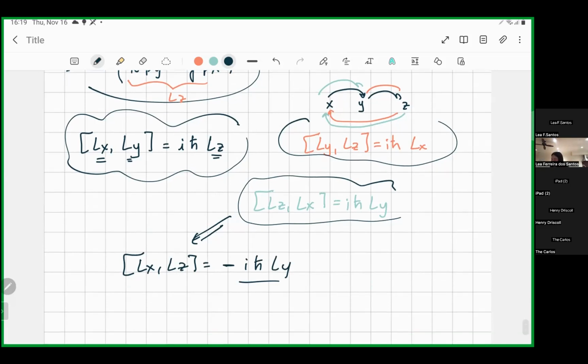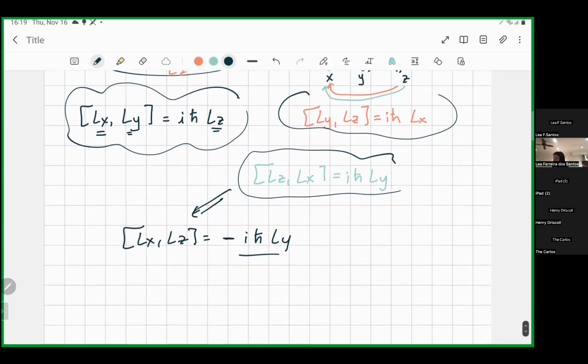All that to conclude, they do not commute. They are incompatible observables. And this has a very important consequence. We talked about this at the end of chapter 3. Whenever we have two operators that do not commute, what does that mean? That I cannot measure both with absolute precision.